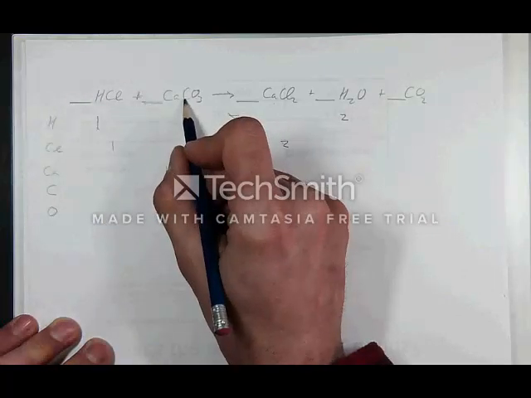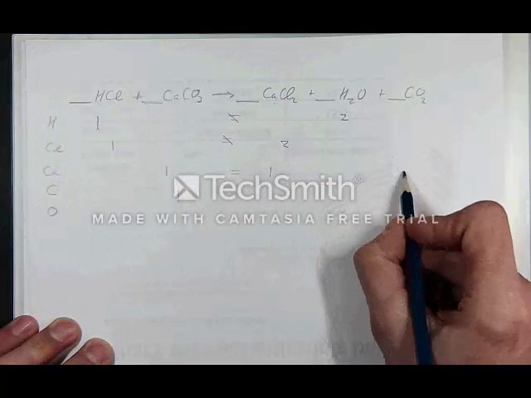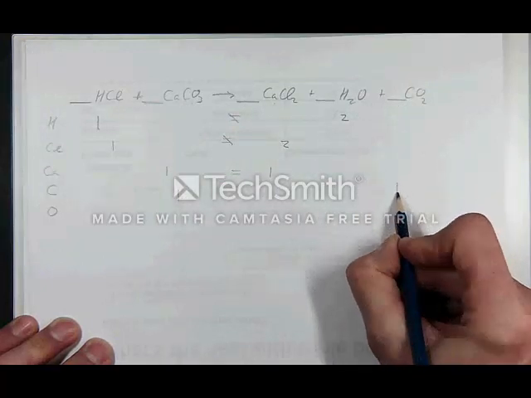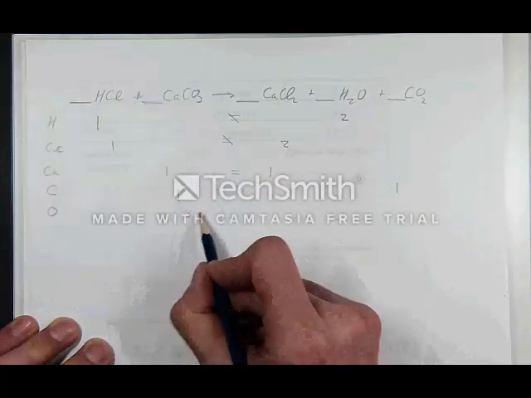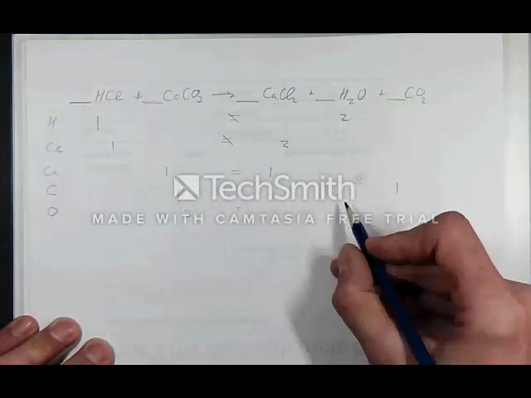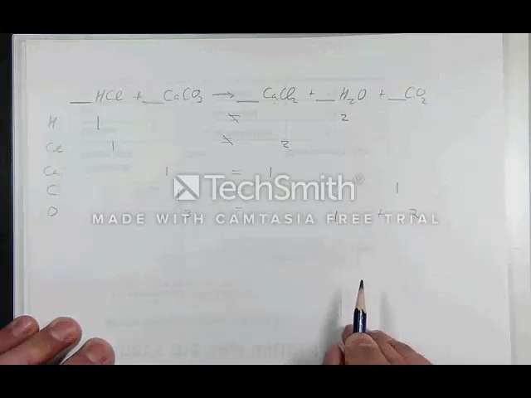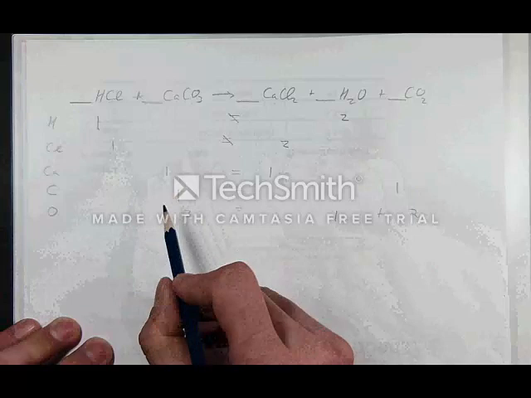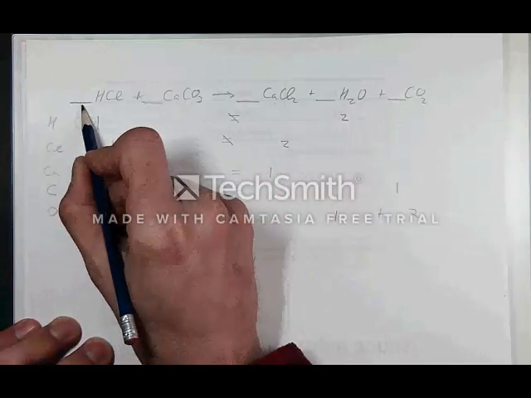Carbon, in the CO3, we've got 1 carbon, here we have 1 carbon. Oxygens, we have 3 oxygens here. Here we have 1 plus 2, so again, 3, it's actually balanced in this case. But that will change. Okay, so 1 doesn't equal 2, put a 2 here.